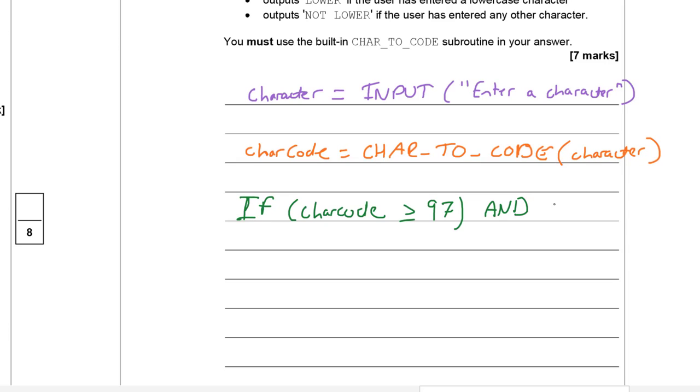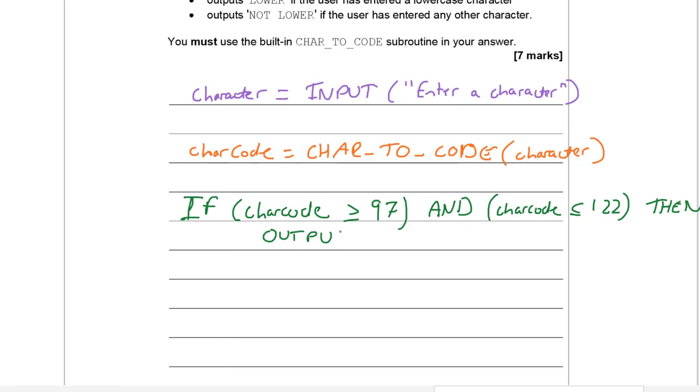So let's do this on one line. So in this case it needs to be less than or equal to 122. It says output, but you could do print, and we're going to do lower. Make sure it's in quotes because it's a string, or let's do it uppercase as they say. So a string in uppercase.